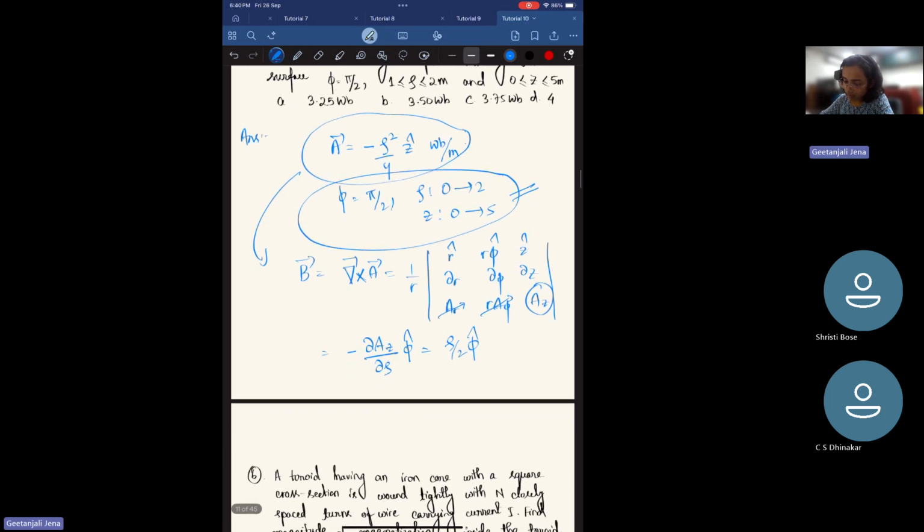Flux is nothing but B dot dS, right? dS in the phi direction is d rho dz. So the magnetic flux is the integral of B dot dS. B is rho by 2 d rho from 1 to 2, and dz is from 0 to 5.